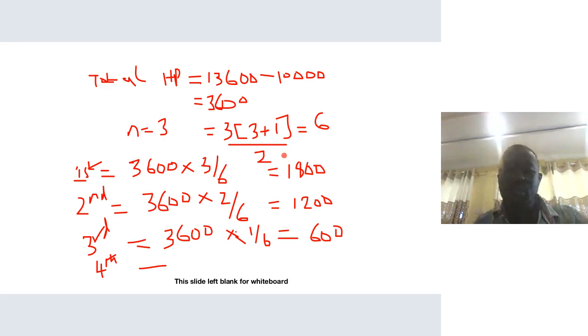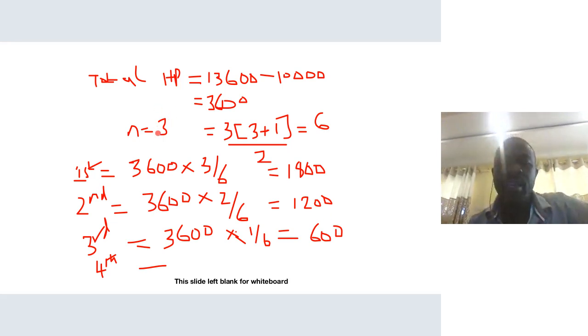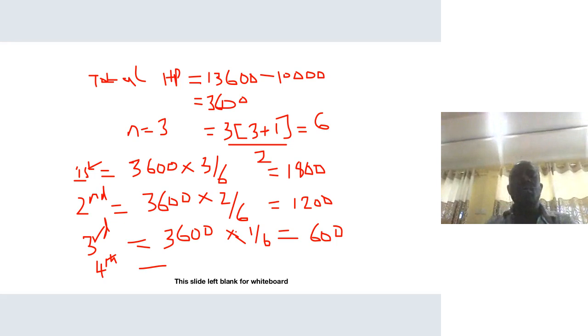Now I'm using n as 3, and not 4, because if you look at our question, we are told that the first installment is due at the date of sale, not at the end of the month.